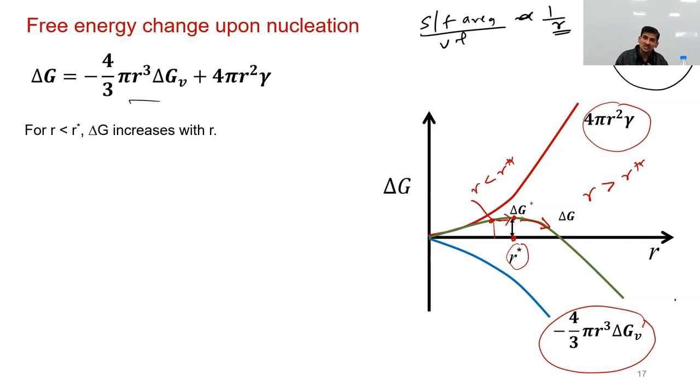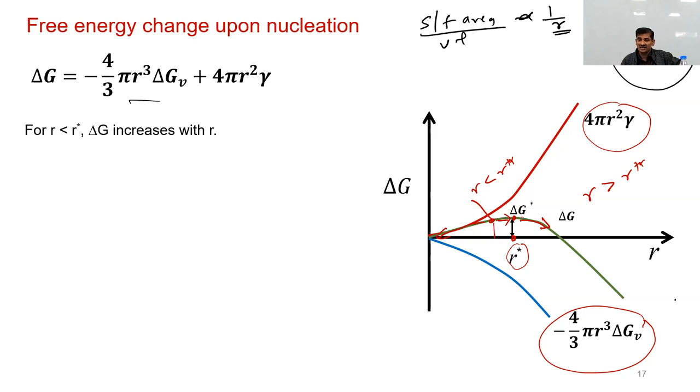So how can it reduce its free energy? It will simply shed all its atoms, give those atoms back to the liquid, and by doing that it can travel further down this green curve and minimize its free energy. That is why for any cluster with a radius less than R star, the delta G will tend to increase with increasing radius, and the cluster will not be stable.